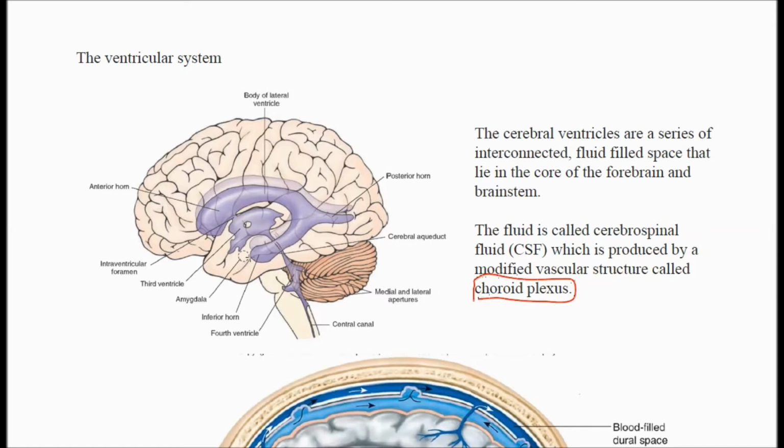So from the internal carotid artery, the branches and capillaries from that are filtered through a specific protein transport system to form a fluid, and it fills up the ventricular system, and also the subarachnoid space that surrounds the brain.